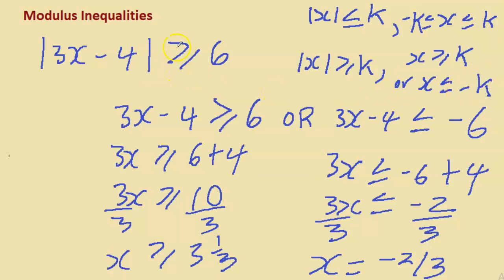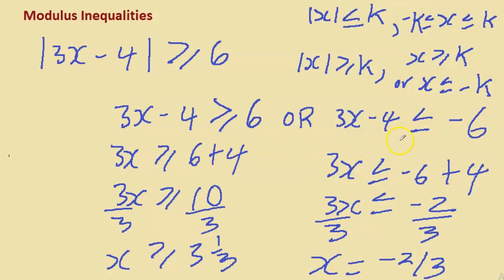So in this case, this was a greater than situation. So the 3x minus 4, what's in the bracket here, is greater than or equal to the positive of the constant, which is 6, or what we have on the left hand side is less than or equal to the negative of the constant, which is minus 6.